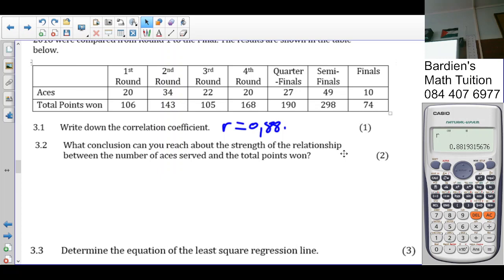So this of course then falls into the fact that it's strong, positive correlation. Okay. The answer I was looking for there is either strong or very strong, so that's very close to 0,9. And since it's positive, we mentioned it's positive. If it was negative 0,88, it would have been very strong, but negative correlation. That's the answer you're looking for.